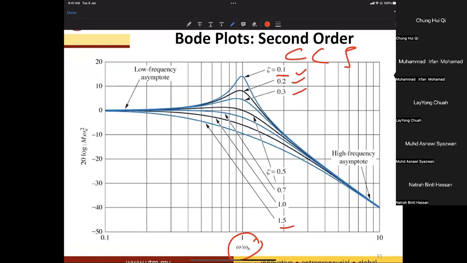This standard graph will be attached if you want to make an approximation of the zeta value. For example, if your response is something like this, what is the estimated zeta value for the red line?